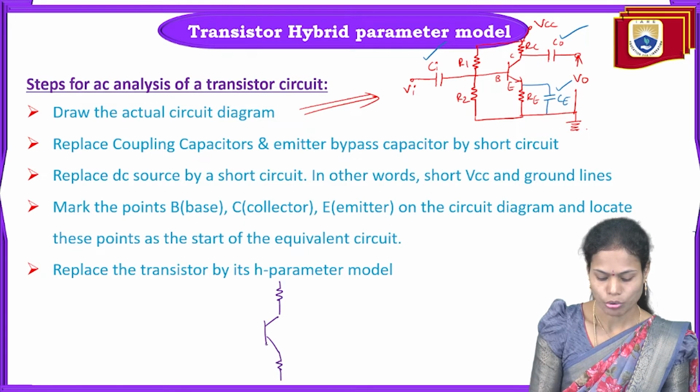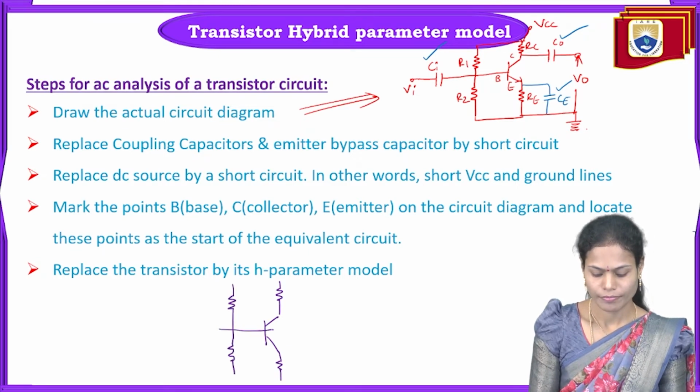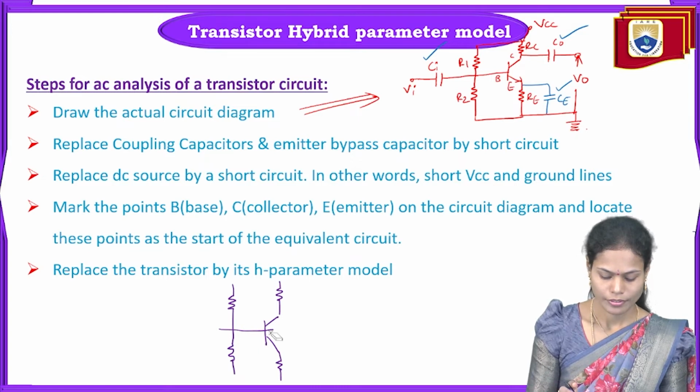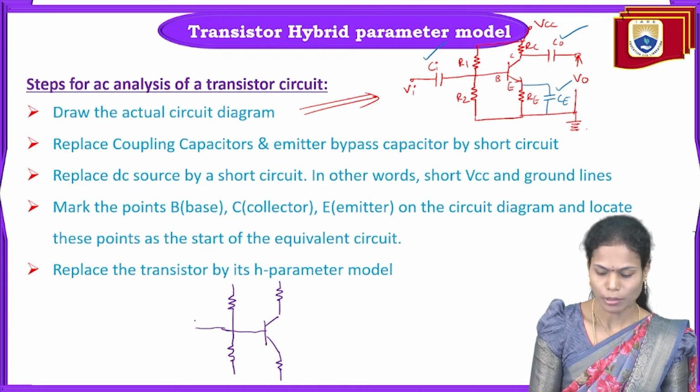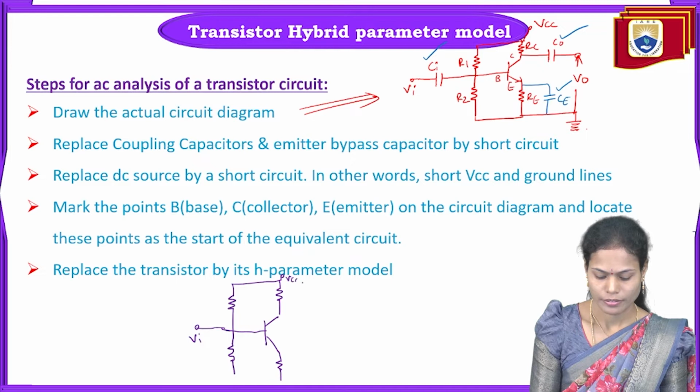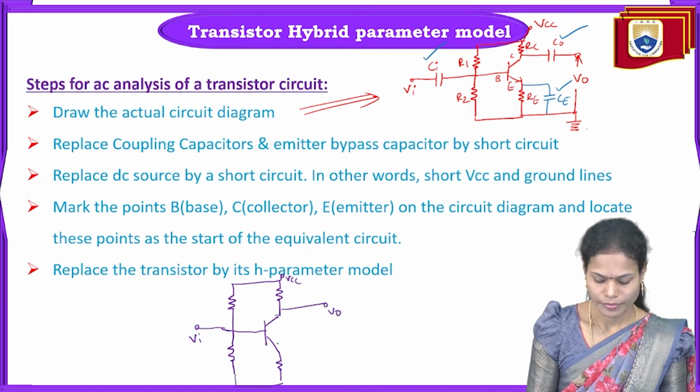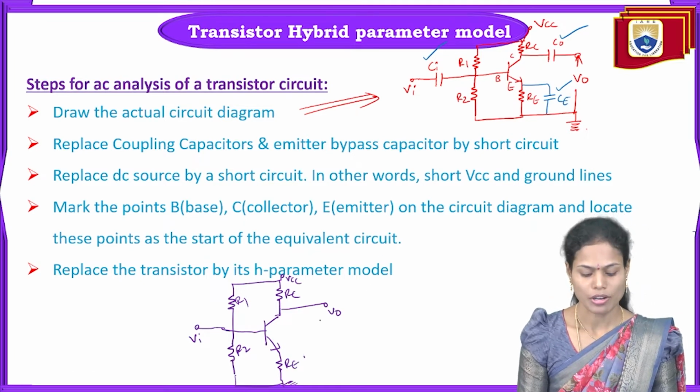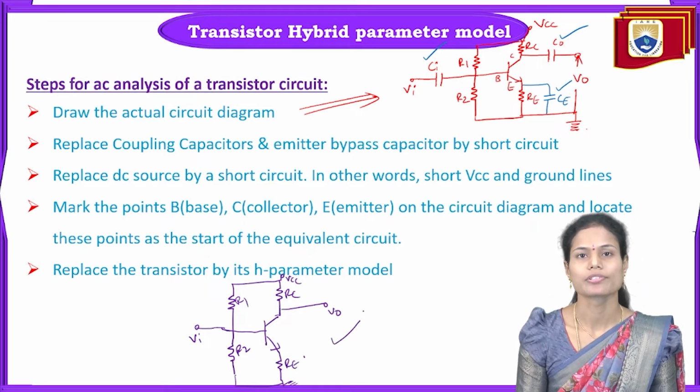Now we have only resistances in the circuit, because we are shorting all the coupling as well as bypass capacitances: R1, R2, RC as well as RE resistance. This is the circuit we get after the second step.